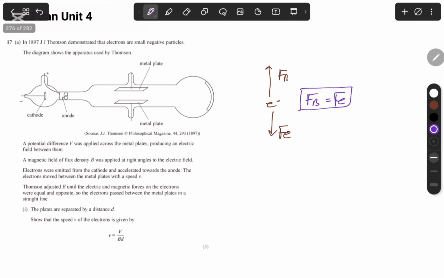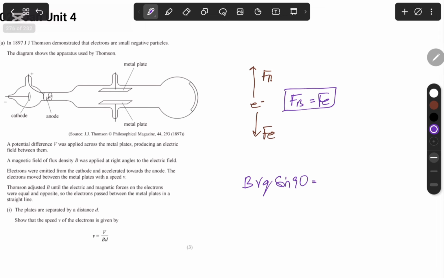Now, we know the magnetic force is equal to BVQ sine 90, and the electric force, since these are metal plates that are producing the electric field, will be uniform.